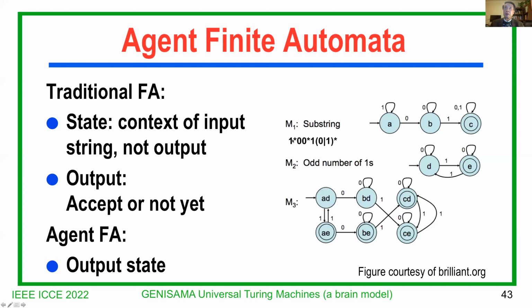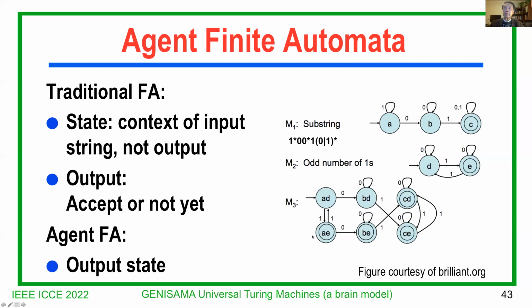So for all such strings, star means any number, including 0, and the vertical bar means any of these. Parentheses put these two together, and star means any number of pieces of this. So M1 in this case, M2 like this. Do you see that?